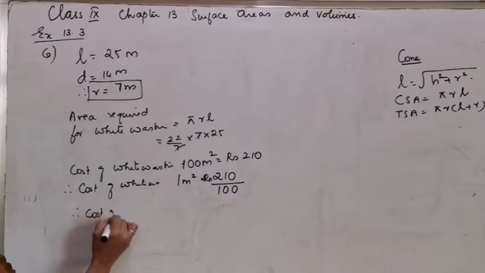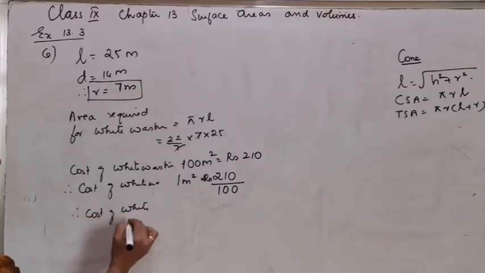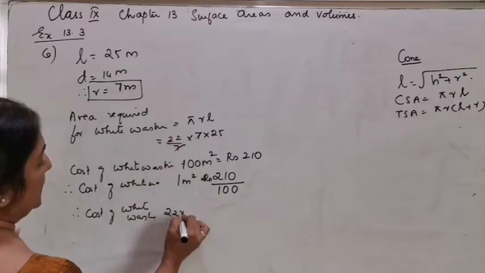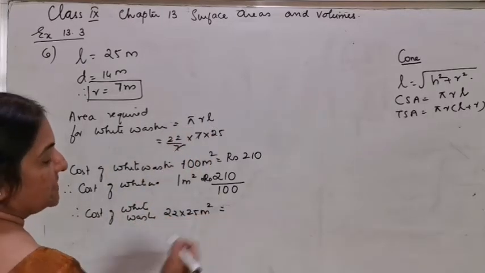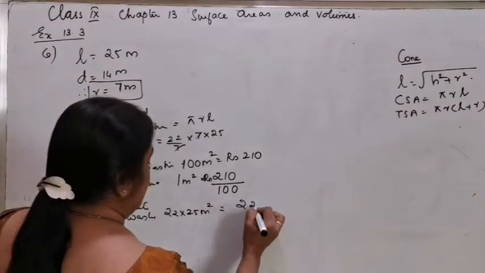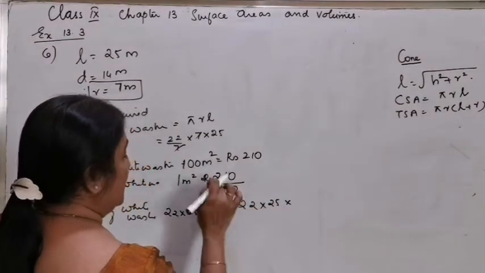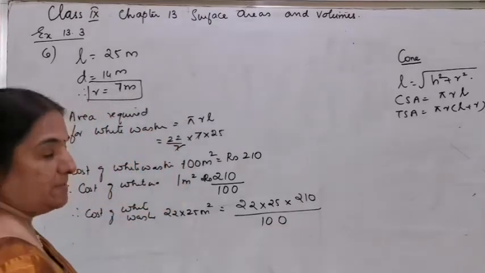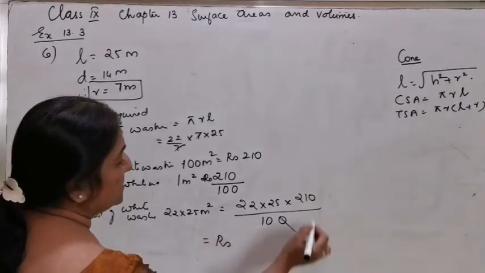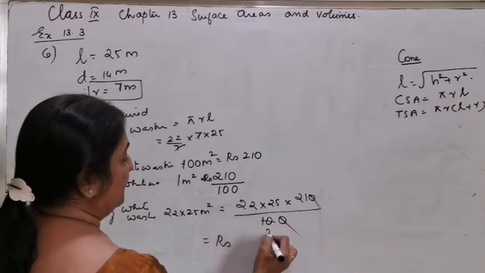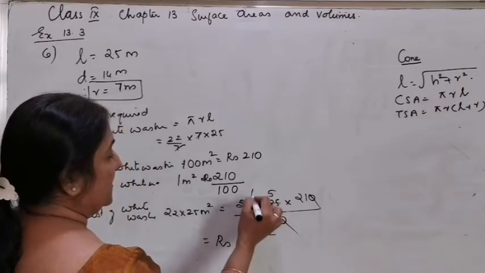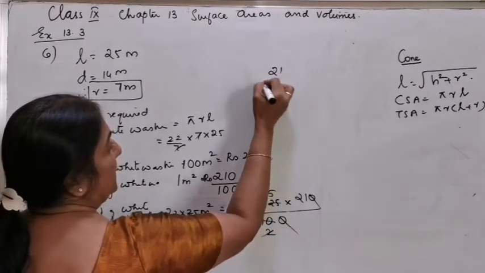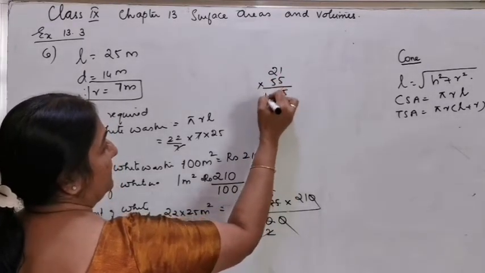Therefore, cost of whitewashing the area, 22 into 25 meter square, is equal to 22 into 25 into 210 by 100. You can do the simplification at a stretch, it gets cancelled with 5, 2 and 5, 5 and 11. So the calculation is only 55 into 21. 21 into 55.